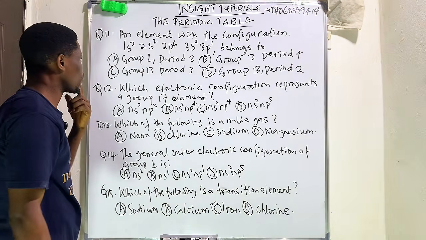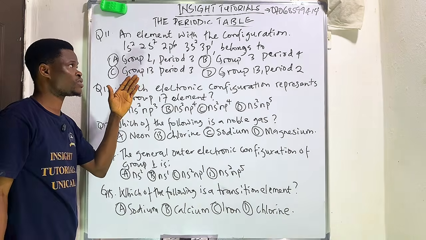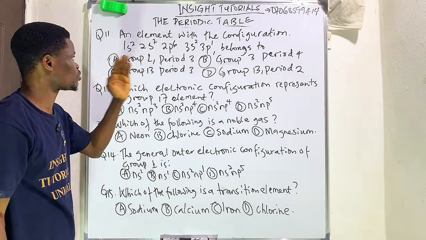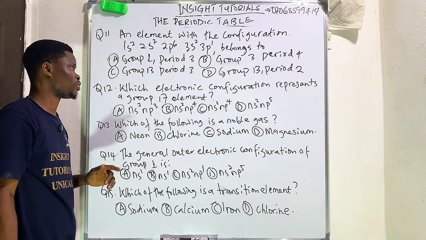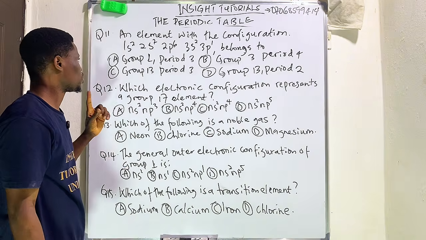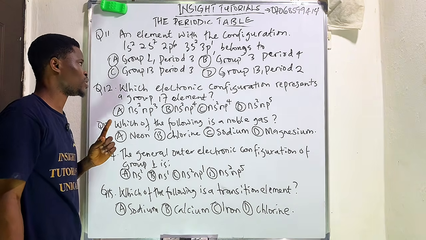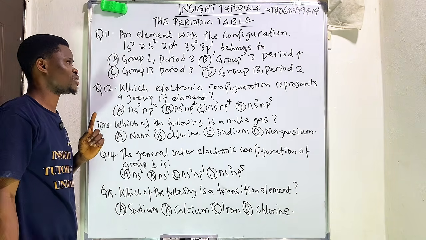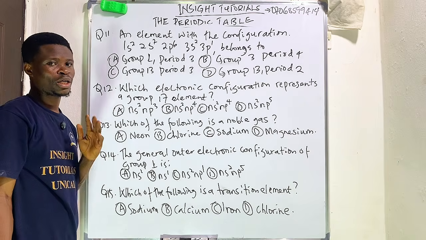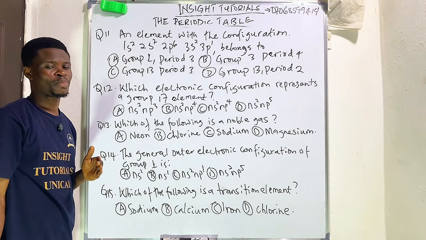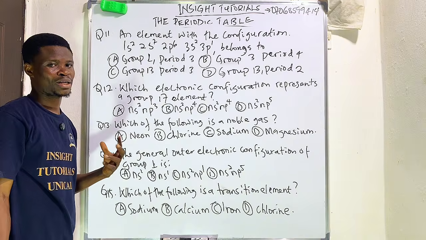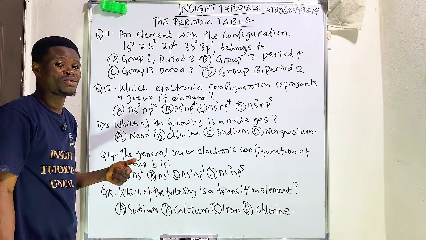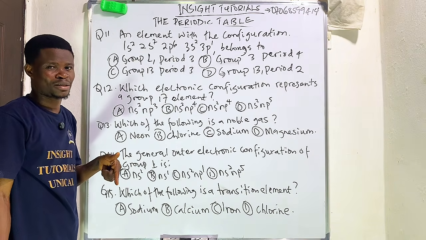An element with the configuration 1s2, 2s2, 2p6, 3s2, 3p1 belongs to: A says group 1, period 3, B says group 3, period 4, C says group 13, period 3, D says group 13, period 2. Now, it's very important for you to know that the highest shell of an electronic configuration determines the period in which that particular element is.